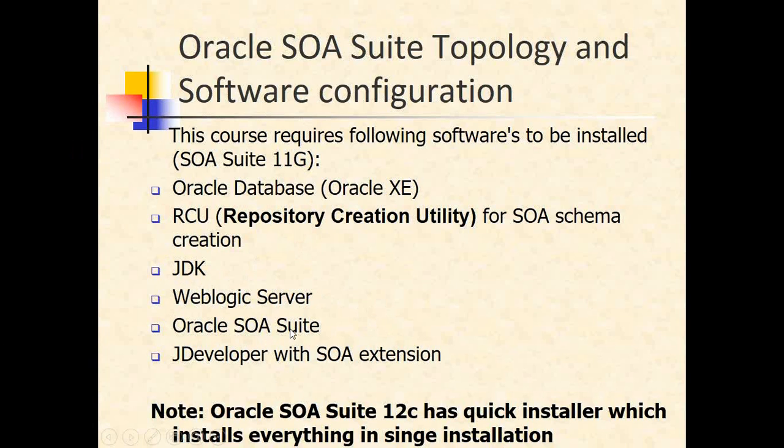It will install Oracle SOA Suite. It will install JDeveloper with SOA Suite extension, OSB, everything will get installed with a single installer file. So this 12C has made the life of developers very easy. Instead of doing all sorts of different steps, a single exe file you need to install. It will install all the things which are mentioned here, except Oracle database.